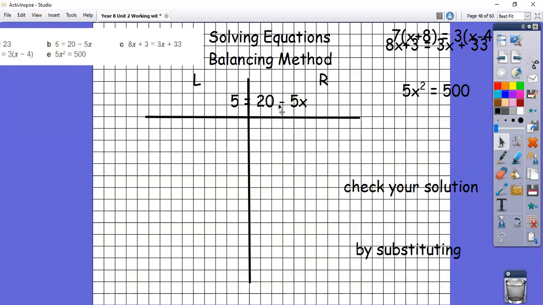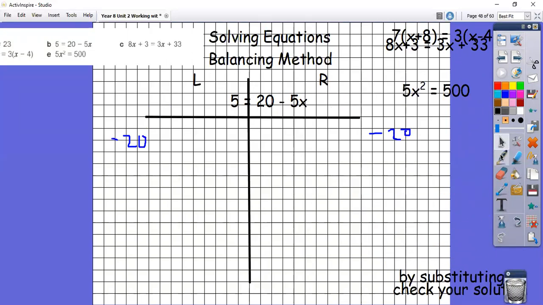Again, we want to get negative 5x by itself. So what I can do is move this 20 to the other side. This is a positive 20, so I'm basically subtracting 20 from both sides. Let me just write that again.